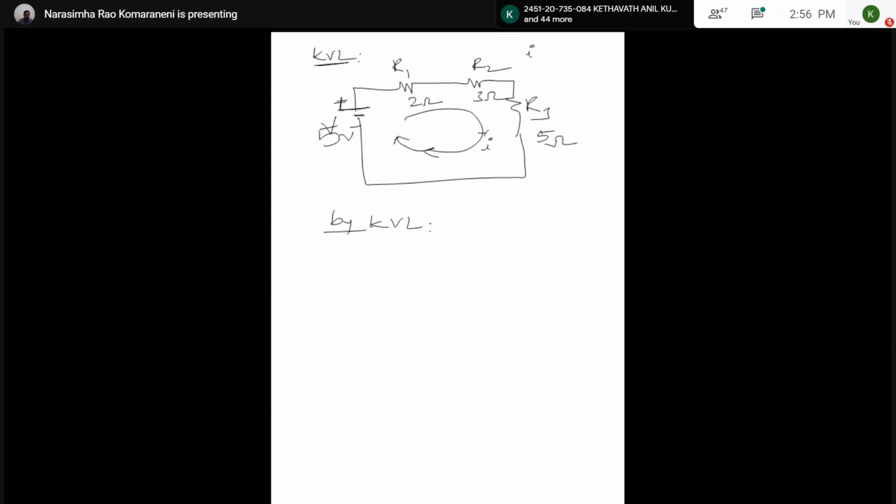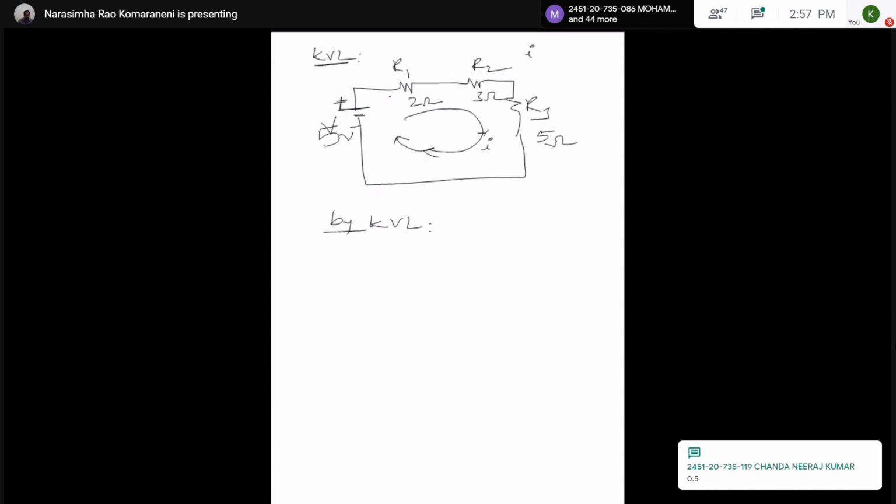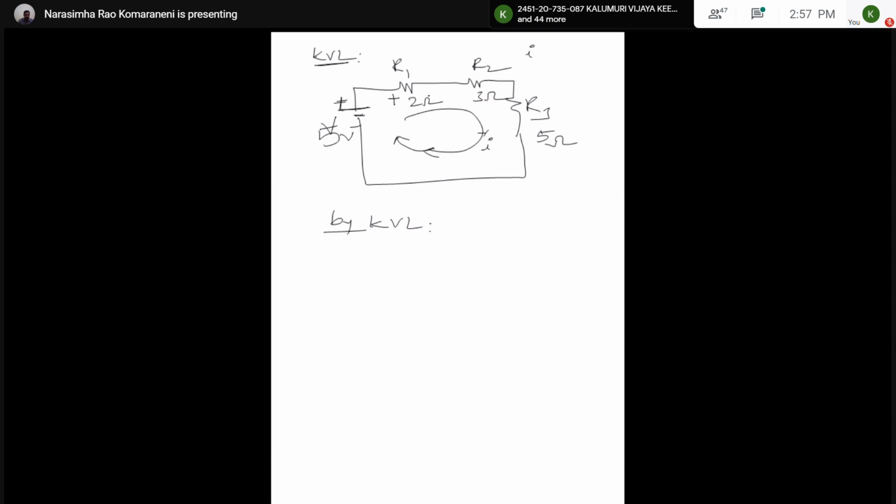While drawing it, you have to mark the network element leads: the conventional current entering point you mark as positive, and the leaving point as negative. Here it is positive, and this is negative.